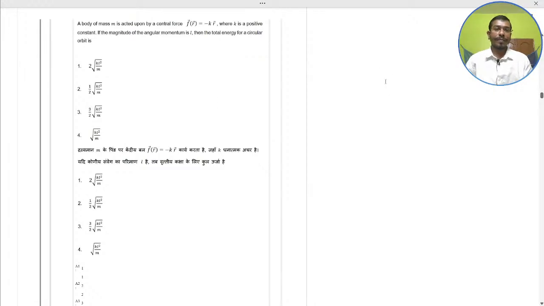a body of mass m is acted upon by the central force given by the equation Fr equal to minus kr, where k is a positive constant. If the magnitude of the angular momentum is L, then the total energy for a circular orbit is what?